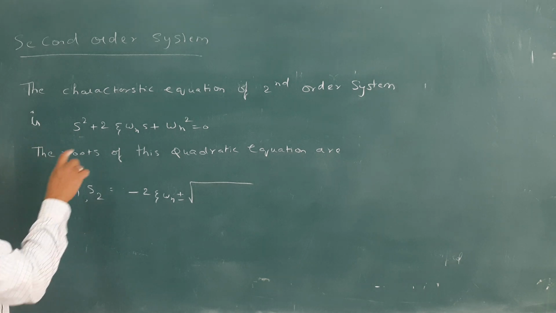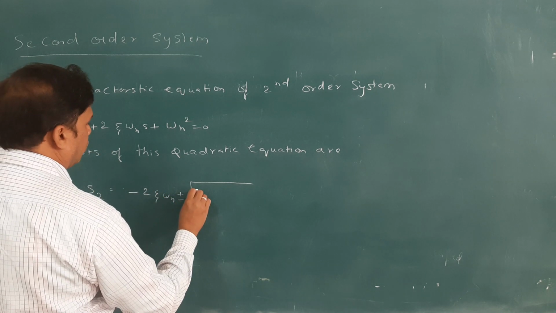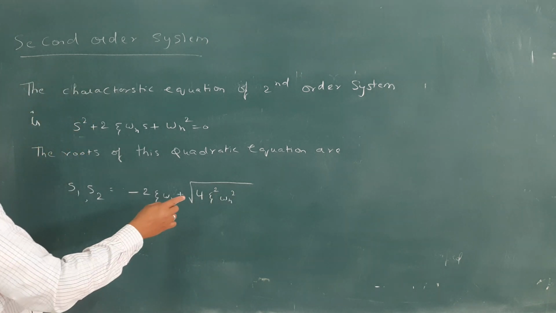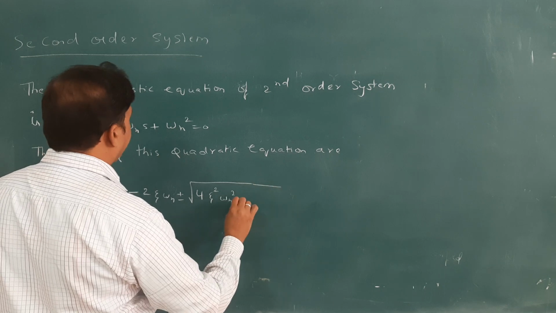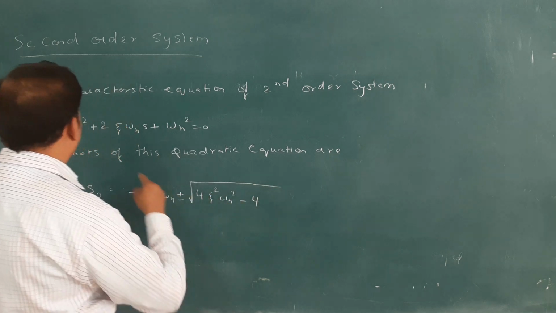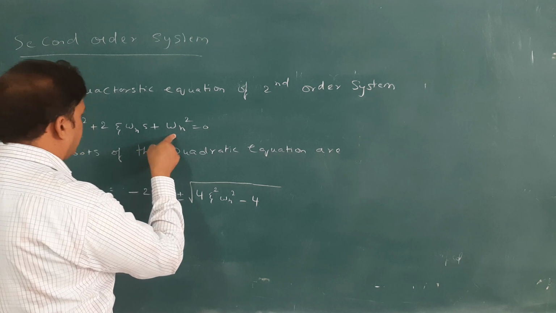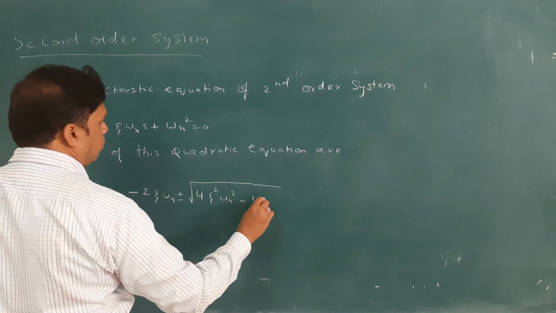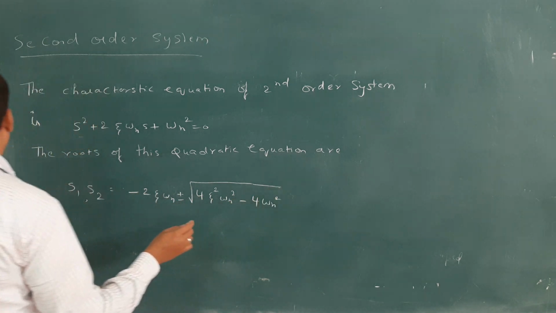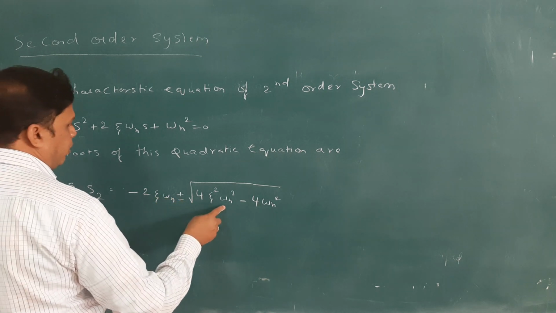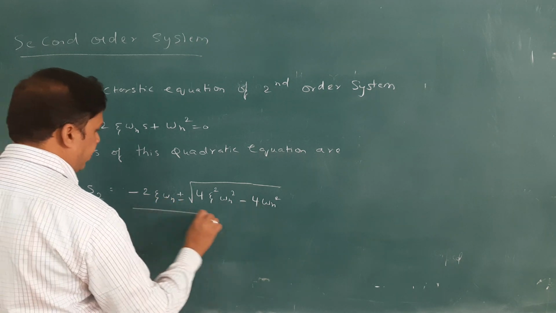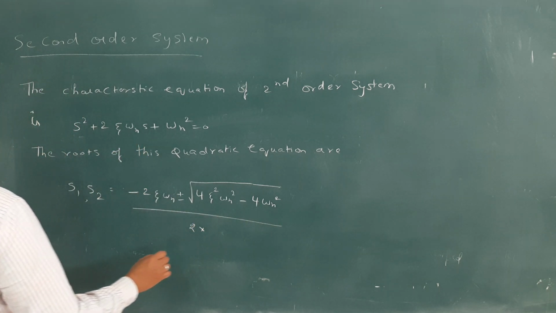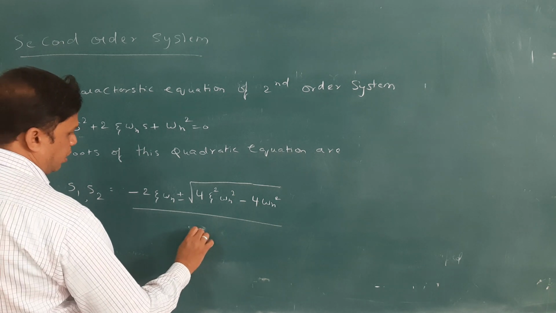What is b square? b square is 4 zeta square omega n square, minus 4ac, a is 1, and also c. What is c value? c is omega n square. So it is 4 zeta square omega n square minus 4 omega n square divided by 2a, 2 into a is 1, so we can write only 2 here.